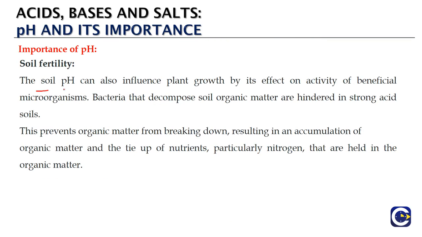And the soil pH can also influence plant growth by its effect on the activity of beneficial microorganisms. Now plant growth is not just about the plant absorbing the minerals and nutrients, it is also about the activity of some beneficial microorganisms.